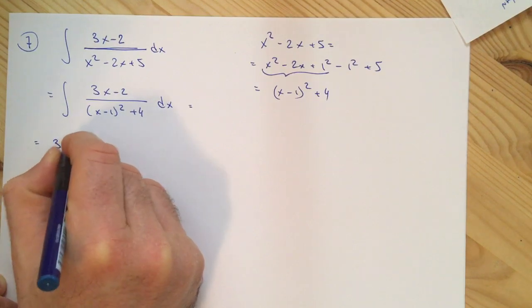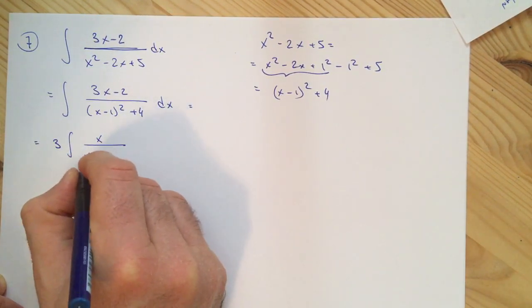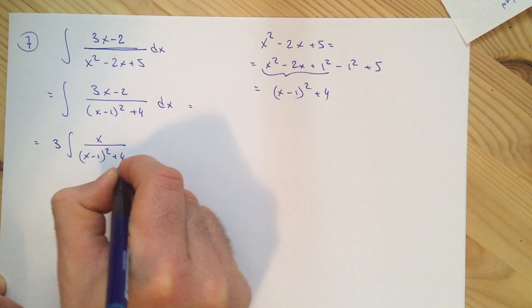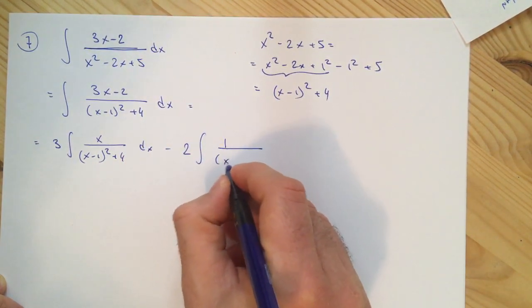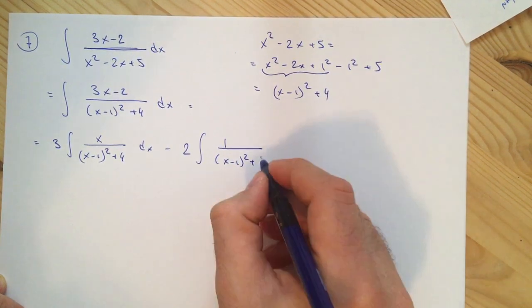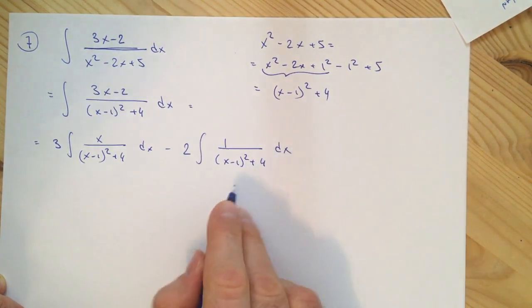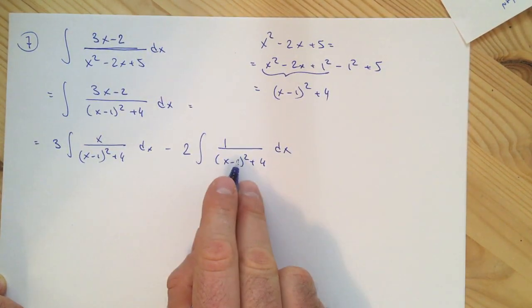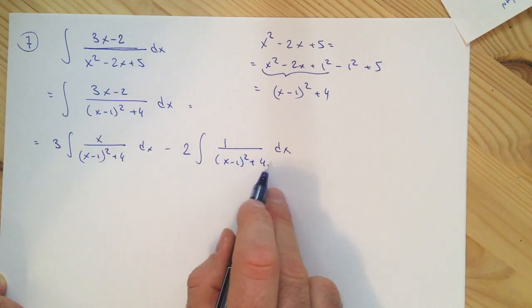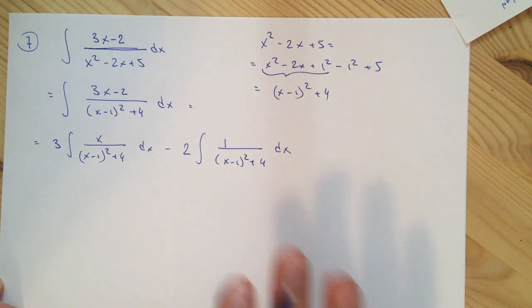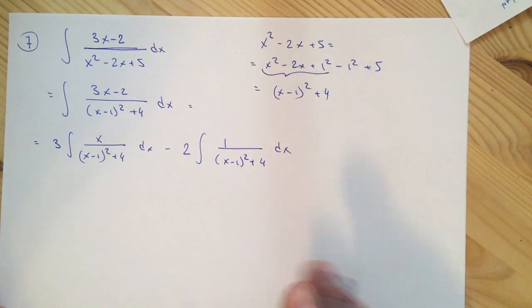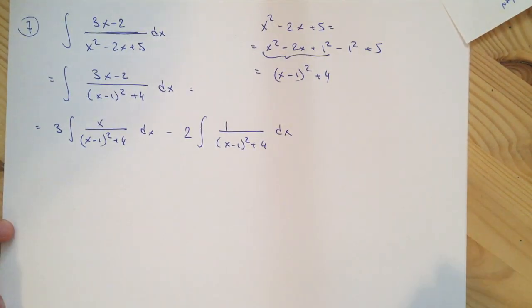This is going to be 3 times the integral of x over x minus 1 squared plus 4 dx minus 2 times the integral of 1 over x minus 1 squared plus 2 squared, right, which is 4 dx. And this antiderivative I already know how much it is. That's going to be 1 over 2 arctangent of x minus 1 over 2. But we keep it like this, or we can actually evaluate it here, it's not a problem.